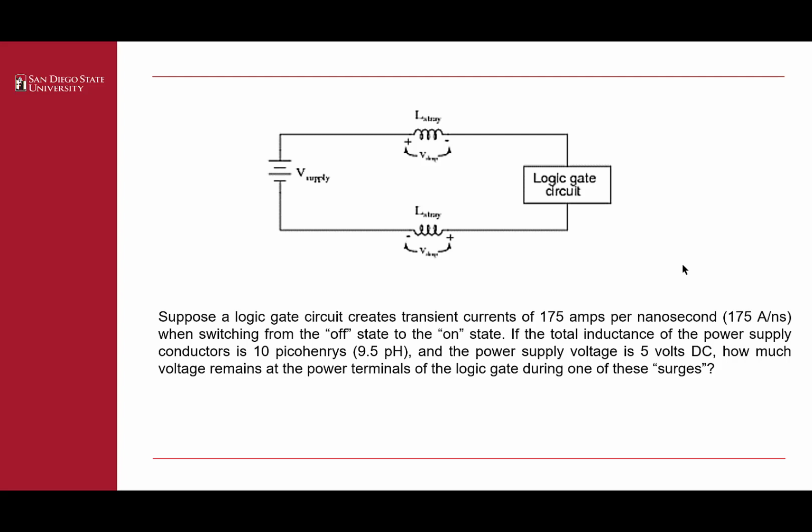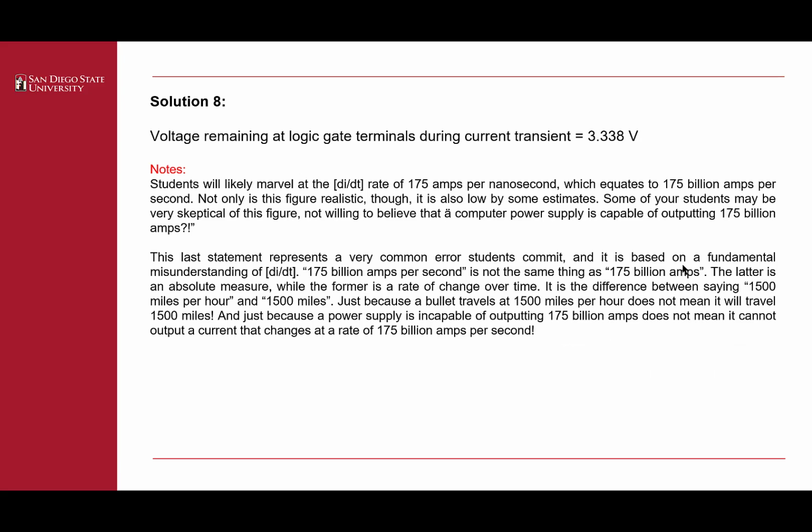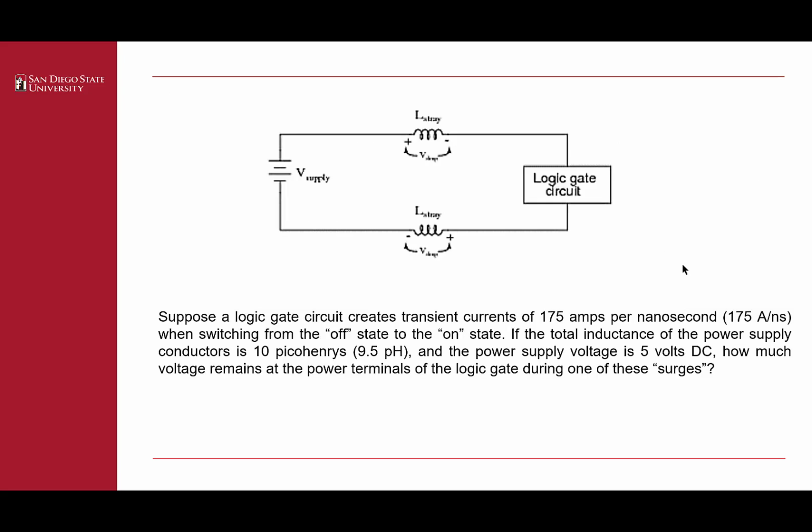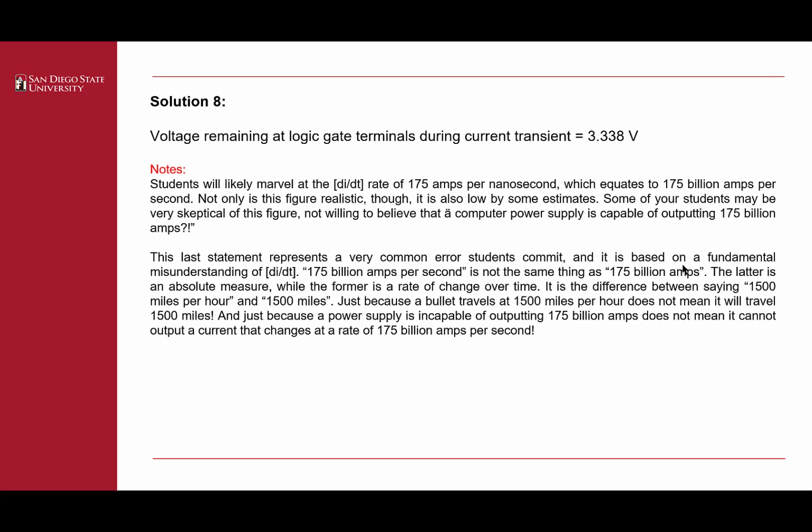Actually, the results suggest that the real number was 9.5 picohenries, but for the sake of simplicity, if you don't have a calculator with you, you can use 10 picohenries, but the result given here is calculated for 9.5 picohenries, and it should be exactly 3.3375.